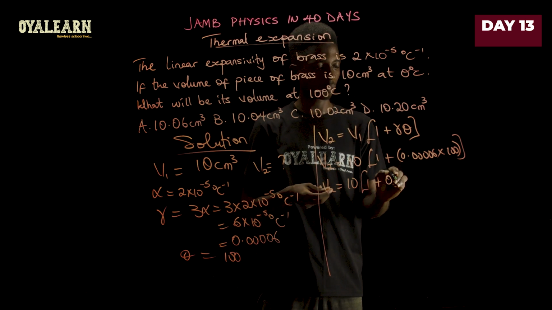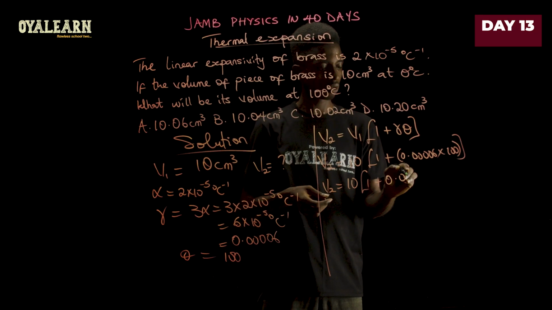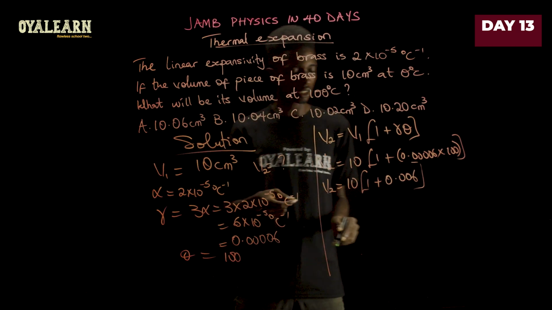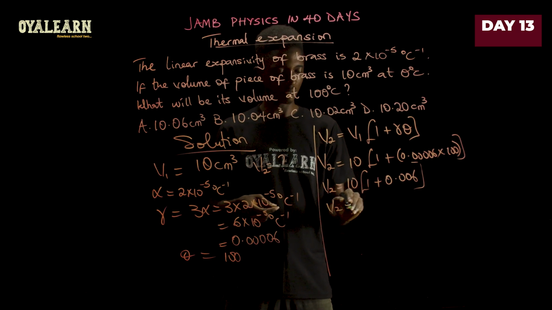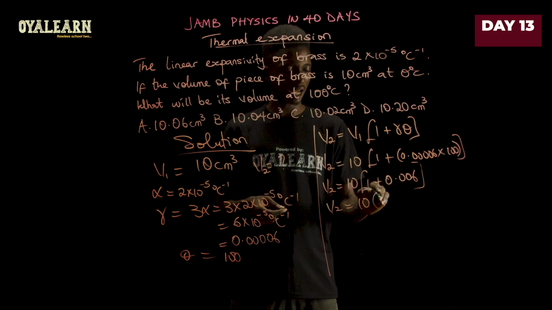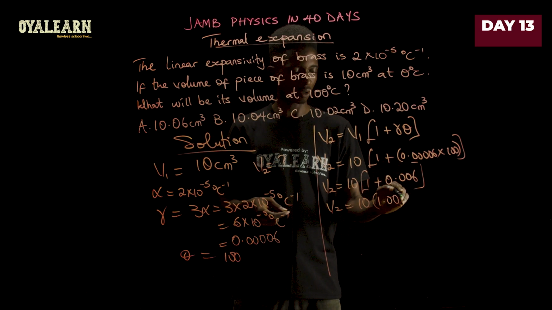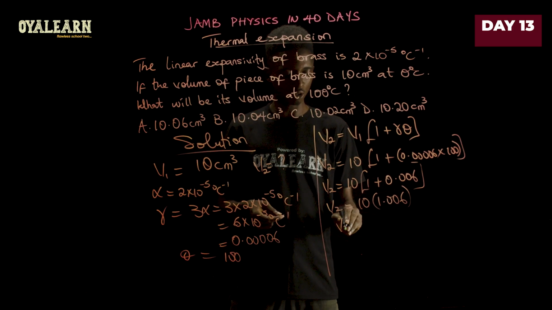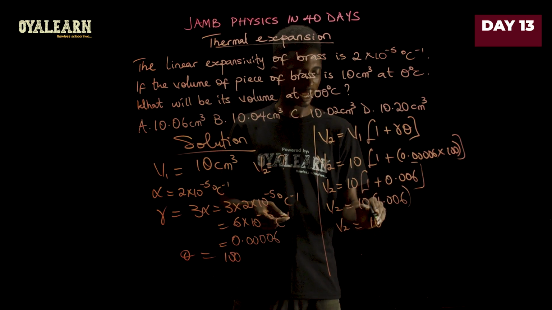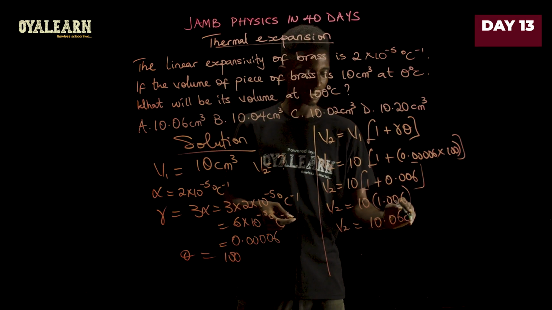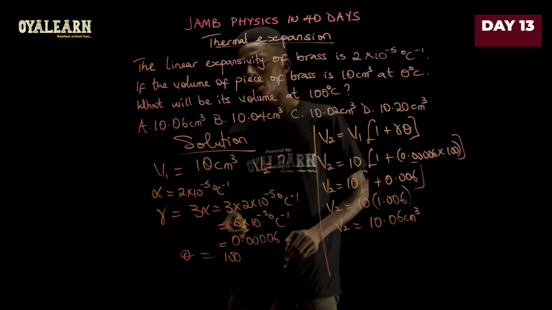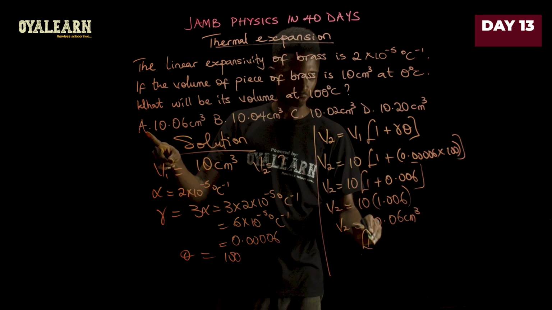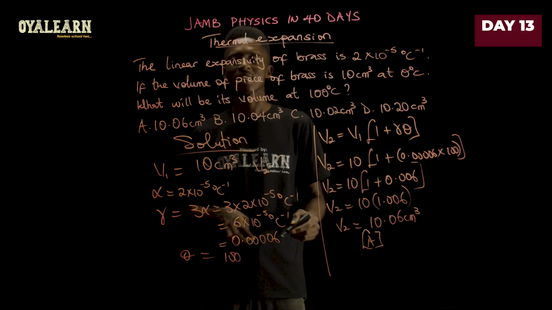So we'll have 0.006 here. Now this would mean that we have V2 to be 10 multiplied by 1.006. And by the time you multiply this, V2 is going to be 10.06 cm cube. Now let's look at the options. That's in option A. So we're going to register option A as the answer.